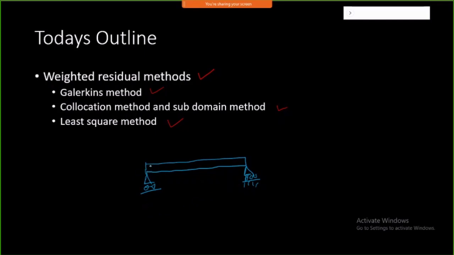Behavior means I want to know the deflection at all these points. Once we determine the deflection, I want to determine the value of stress and the value of strain. All this behavior I want to put in terms of an equation. That is basically the aim of it.